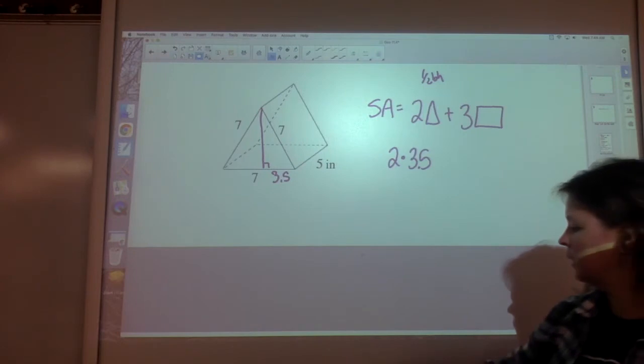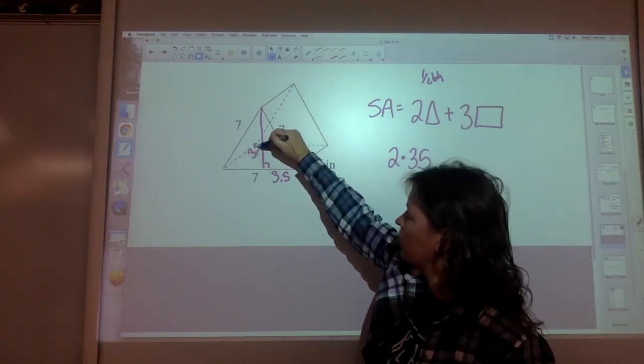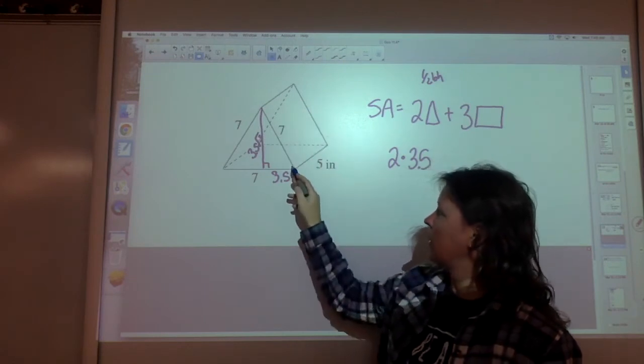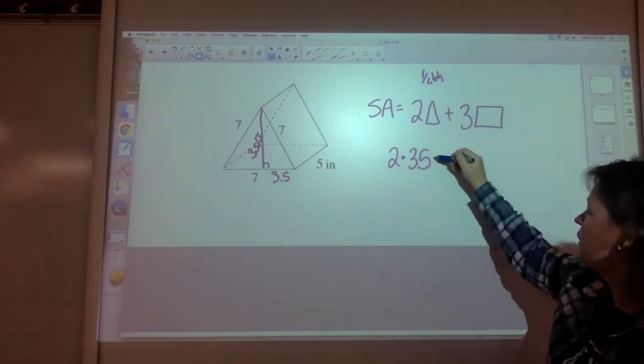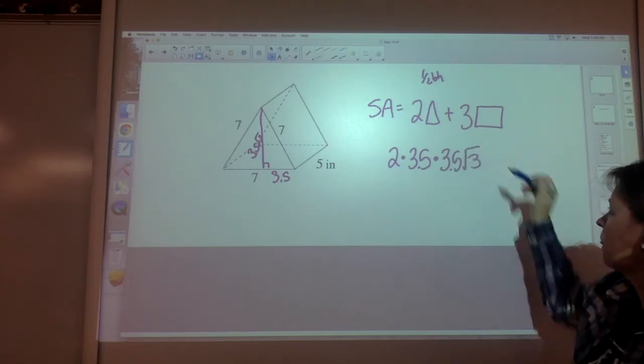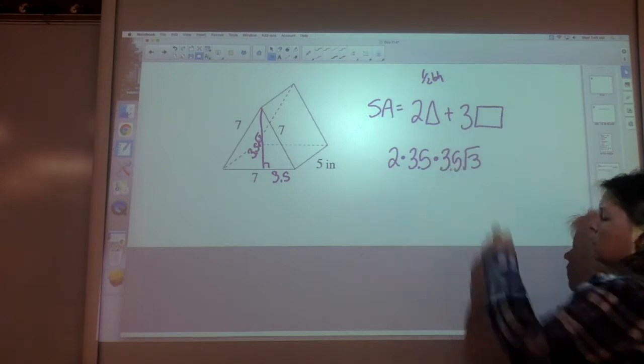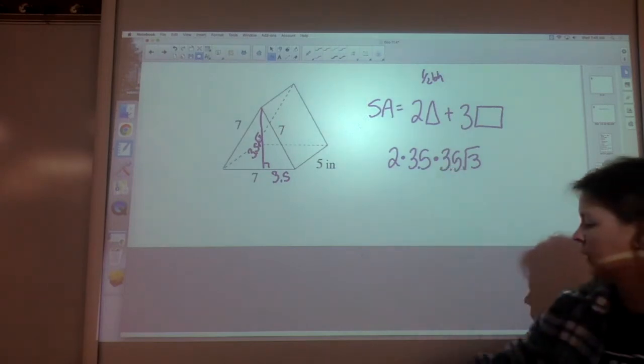The height of that triangle, 30, 60, 90 triangle, we've been working with equilateral triangles. Across from the 60 is 3.5 square root of 3. Half the base times the height, there's 2 of those. One in the front, one in the back.